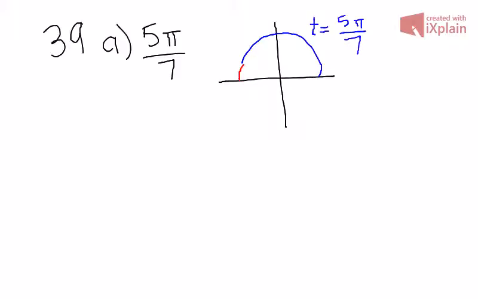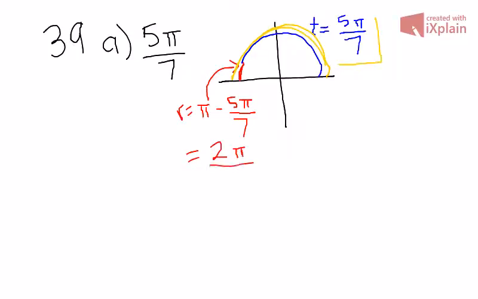So if t is 5 pi over 7, we go that 5 pi over 7 listed in blue. And then r would be the remainder of that, whatever is the rest of the distance to the x-axis. If this whole thing is worth pi, then all we have to do is take pi minus our t value, and that'll give you our reference number, how far we are from the x-axis here, okay?